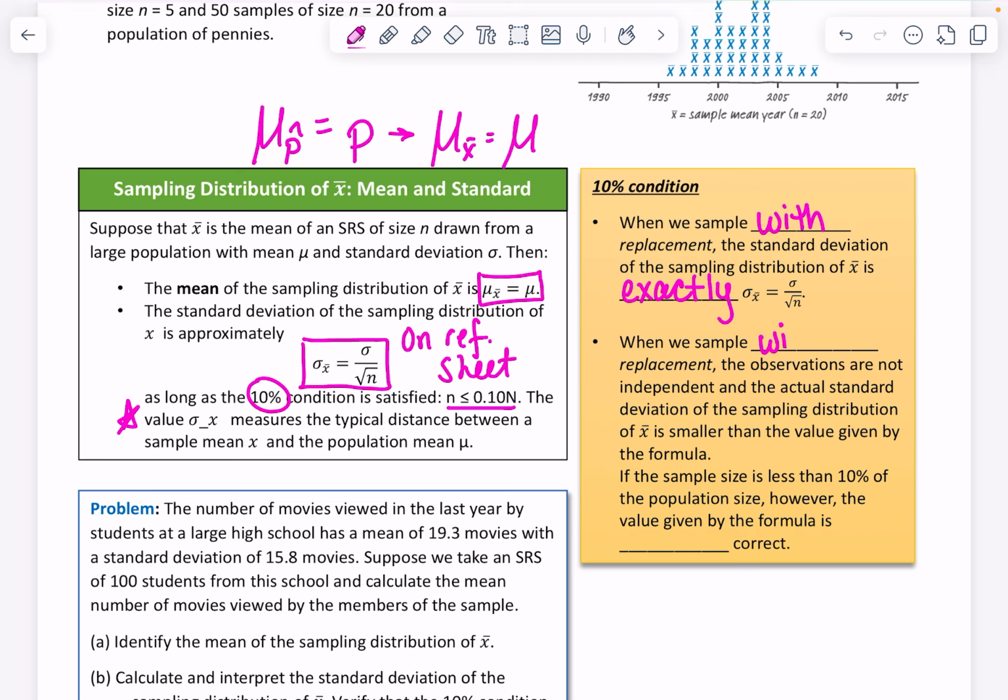When we sample without replacement, our standard deviation is actually going to be different, smaller than what the formula gives us, and that's unnecessarily complicated for us. So we just double check that the 10% condition works, and if it is valid, even if we sampled without replacement, the formula above is nearly correct. So we're just going to use this formula. Long story short, you do the 10% condition like we did before.